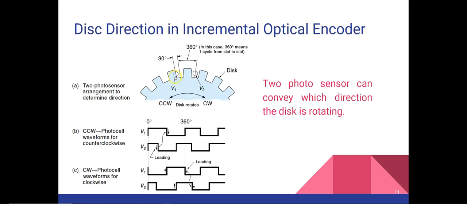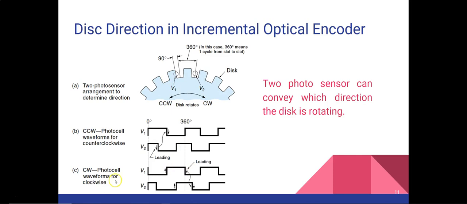Whereas V1 will be off. We are starting V1 from here and V2 from here. V1 will be off for this whole segment, and then it will turn on, and that's what we see here. Then it will be on for this whole segment, and so on.